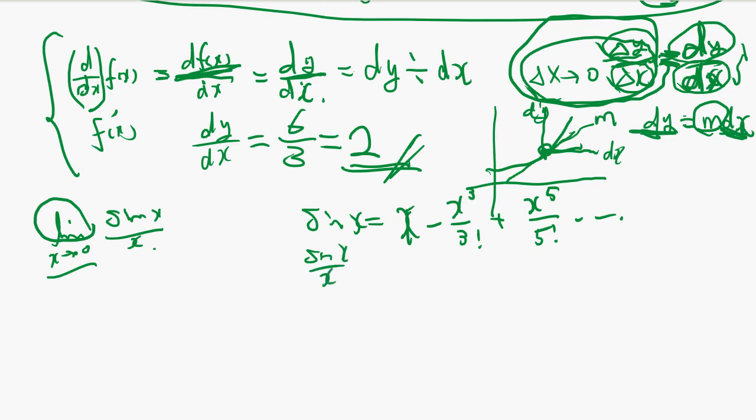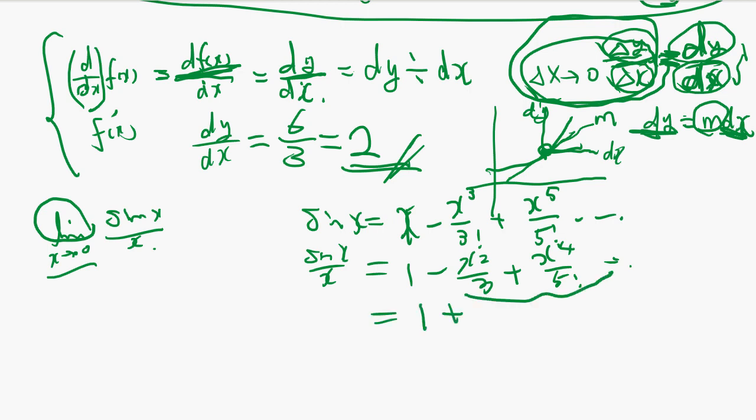Sine x over x becomes 1 minus x squared and so on, 1 plus or minus some infinitesimal number. Okay, so when you do x equals 0, then the answer is going to be 1 plus an infinitesimal number, and because of the limit we take this out, so the answer will be 1.